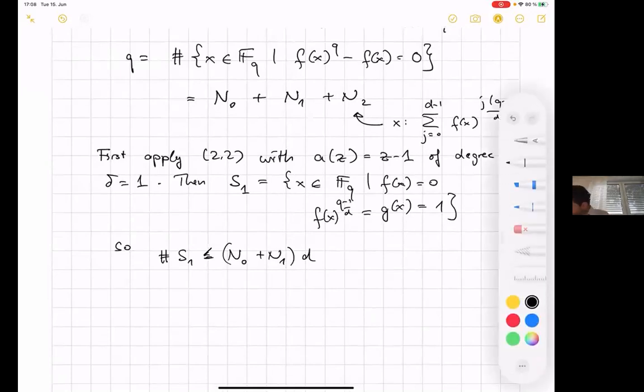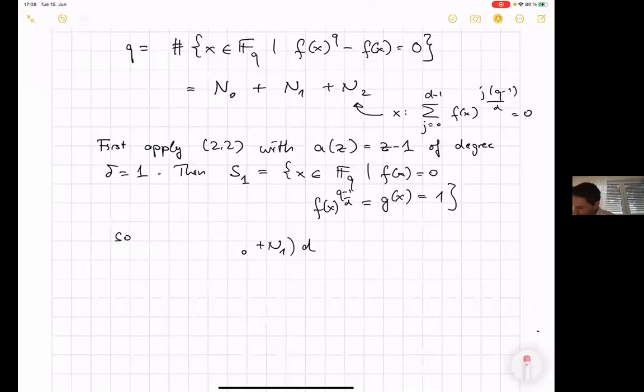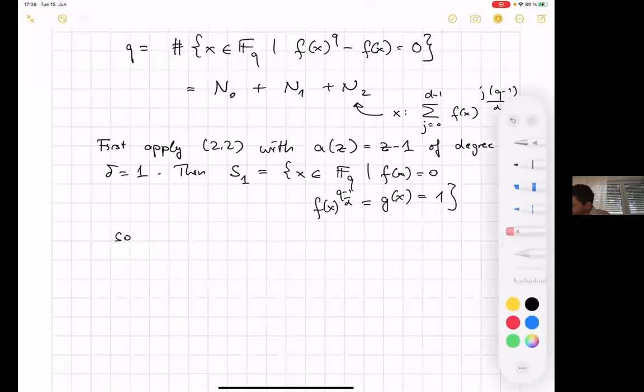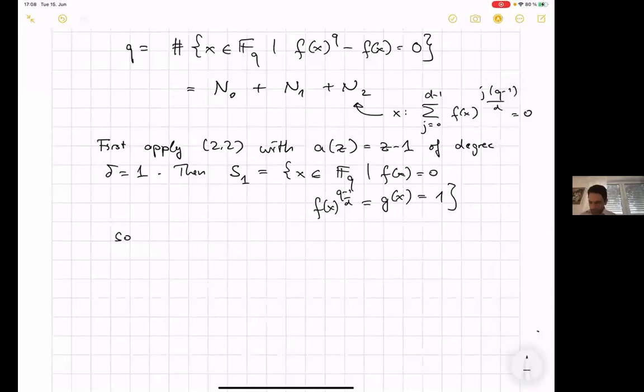Okay, wait, let's do this again. Let's do this carefully. So n equals n0 plus d times n1, and this is bounded by d times (n0 plus n1), and this is d times the cardinality of S1.